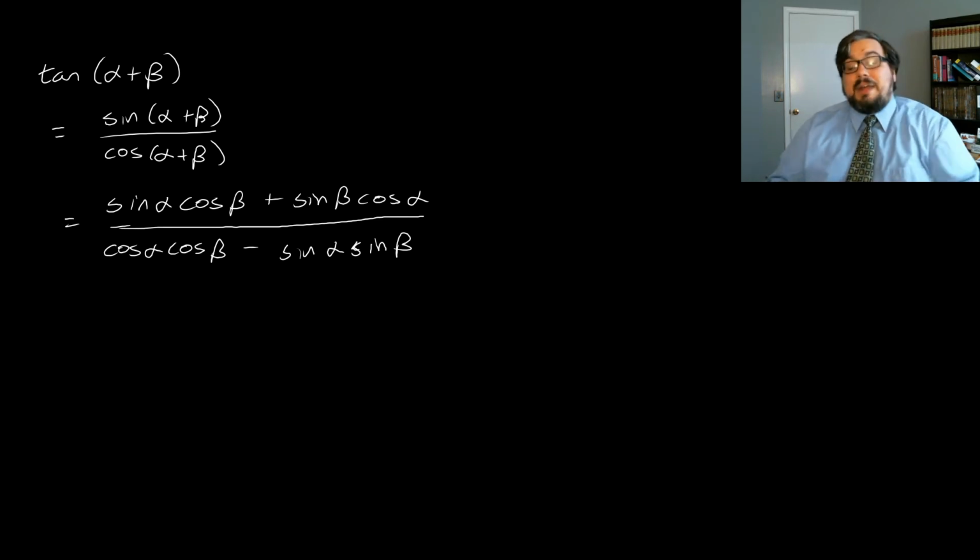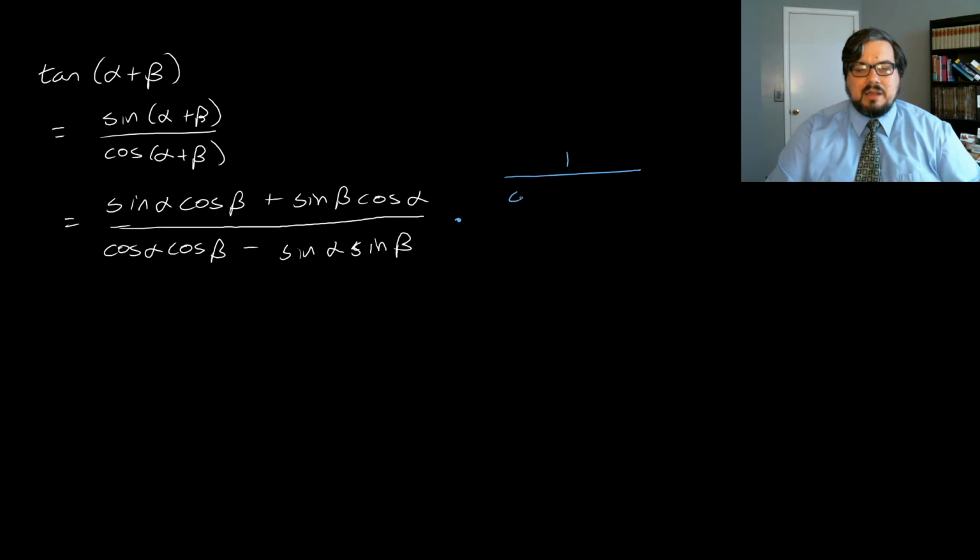And this, frankly, is a perfectly good formula that you could use to describe tangent of alpha plus beta, but sometimes we do want to get things back into talking about tangents. So it's at this point where we want to divide the numerator and denominator by cosine alpha cosine beta.